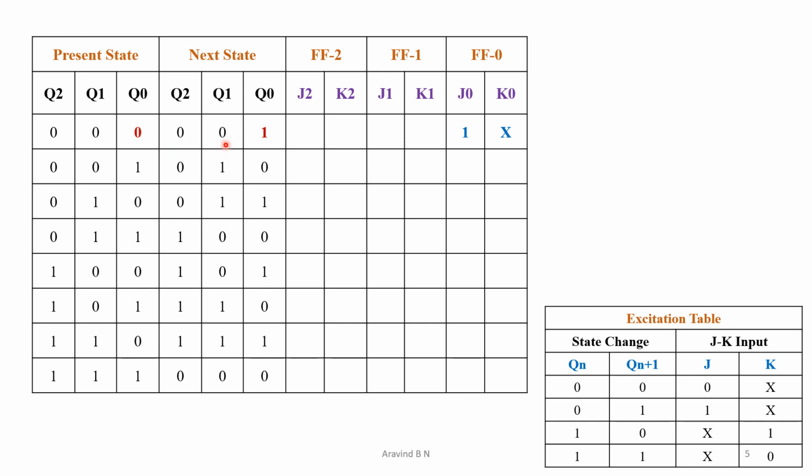So the combination 0, 1 I am going to search in this excitation table. For the 0, 1 combination with respect to present state and next state, the corresponding JK values are going to be 1 and don't care. So here 1 and don't care is being represented.